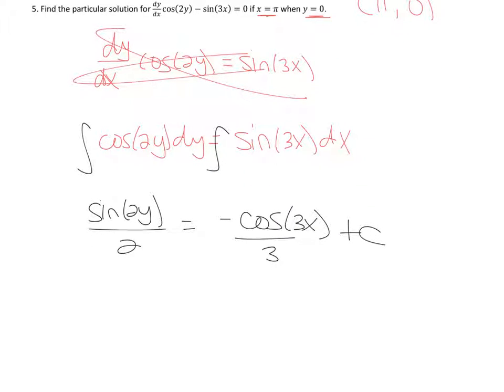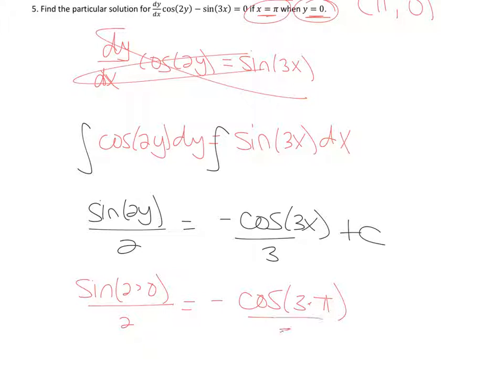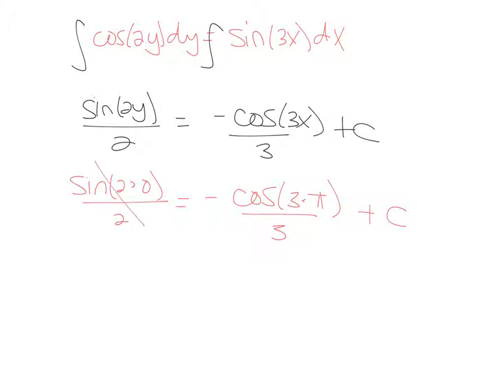Now I'm going to find c by plugging in my y and my x coordinate. So I'm going to put in 0 for y and pi for x. Okay. This becomes 0, and this becomes negative 1 times negative 1 plus c.